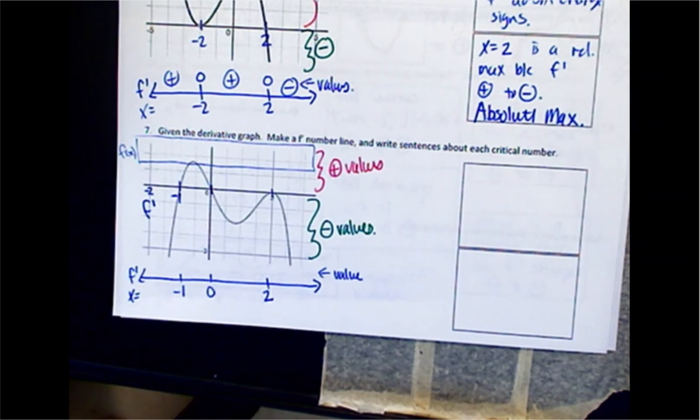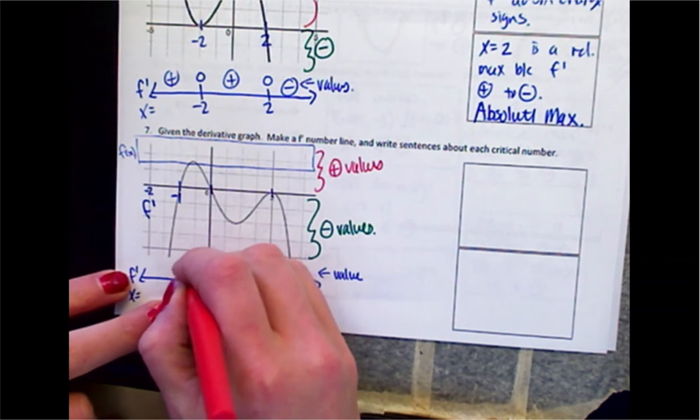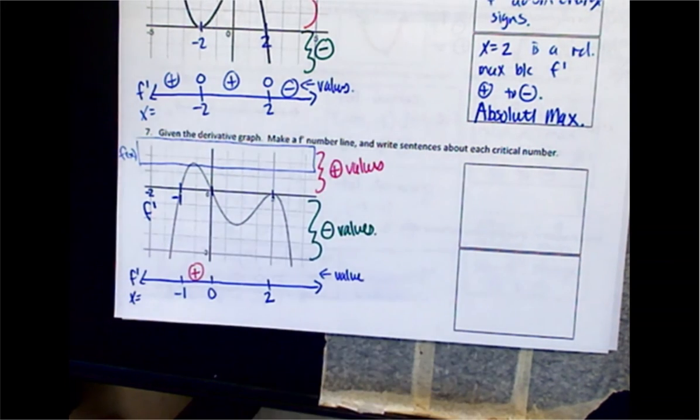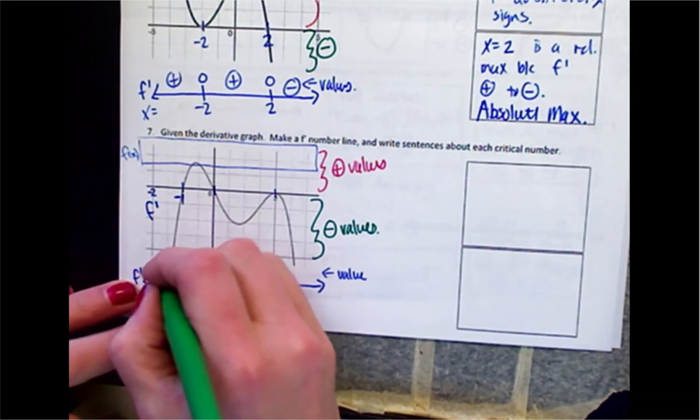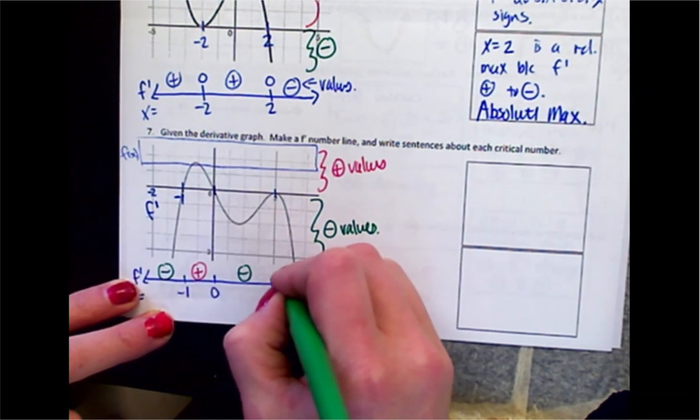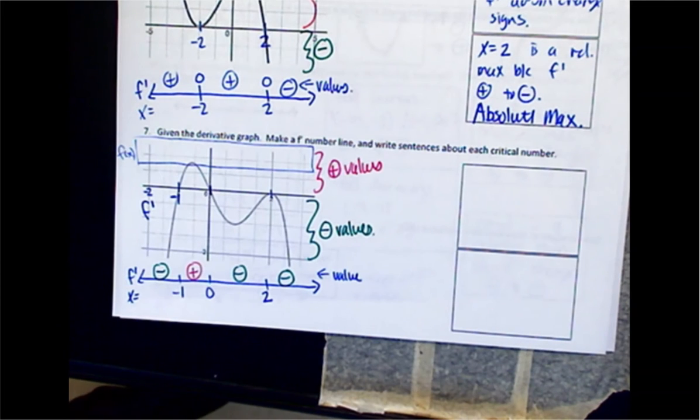Okay, I like to line up my number line with my graph so it's easier to keep track of. Okay, so why not? I can do this in colors. Makes it a little easier to see. Down, up, down, down. That's what the graph is going to look like.